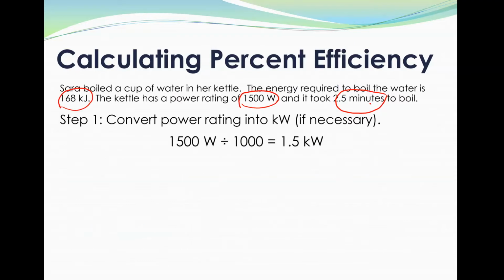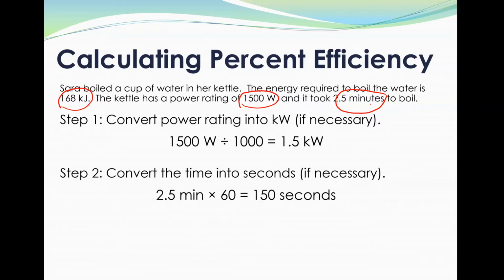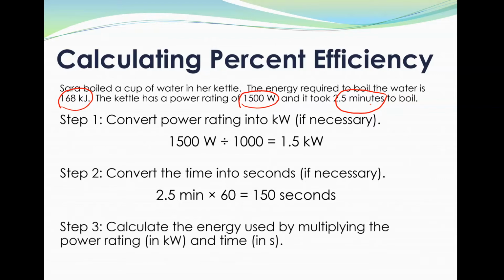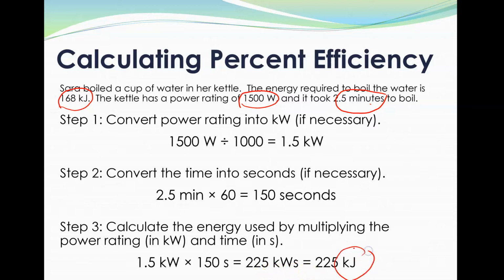So 2.5 minutes multiplied by 60 is equal to 150 seconds. And then we calculate the energy used by multiplying the power rating and time. So this is the power rating, which is 1.5 kilowatts, by the time, 150 seconds, which is 225 kilowatt seconds, or it's also kilojoules. It means the same thing.